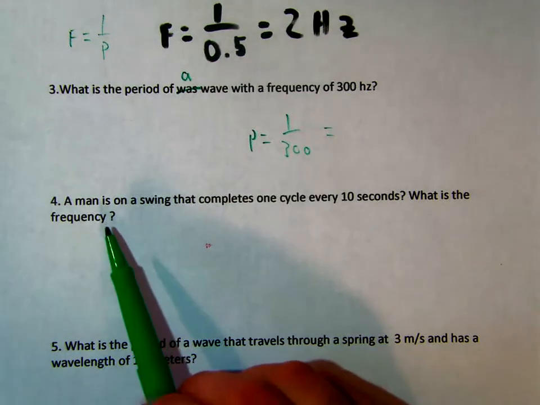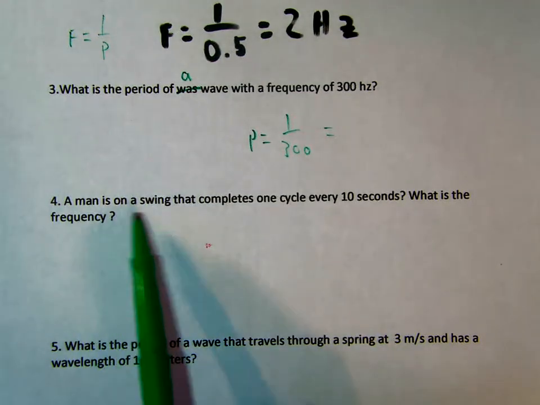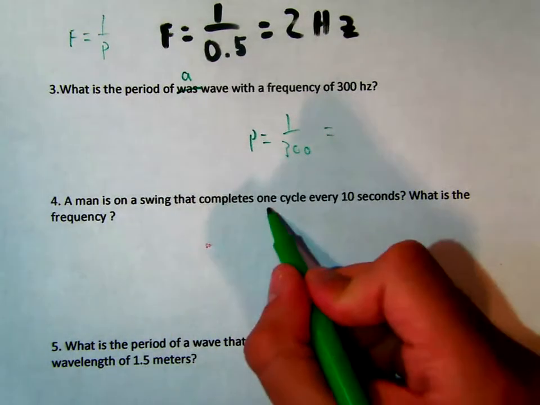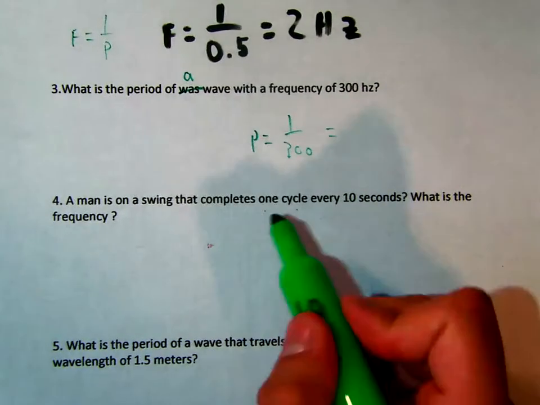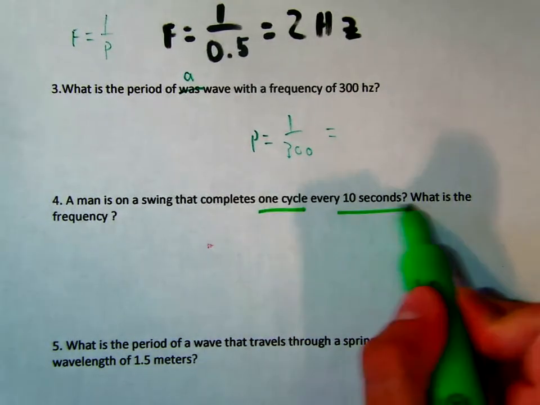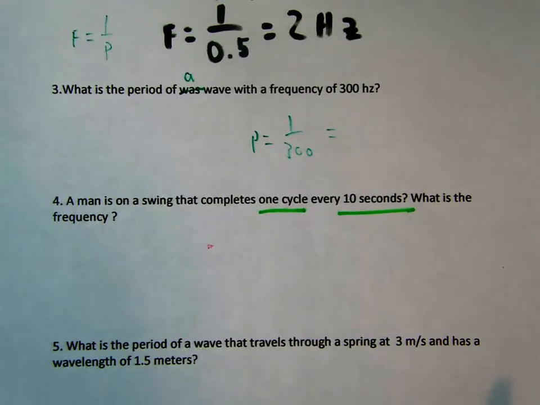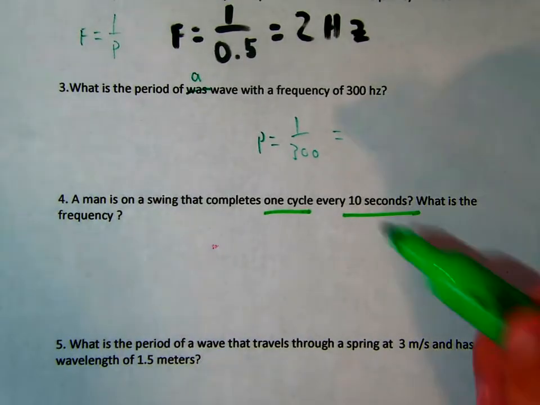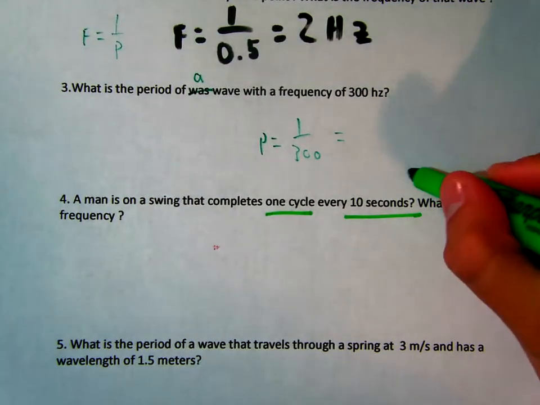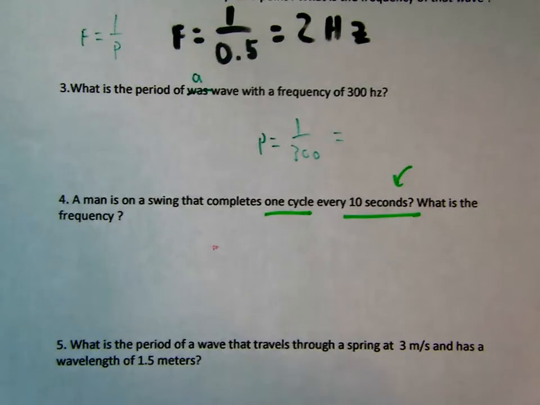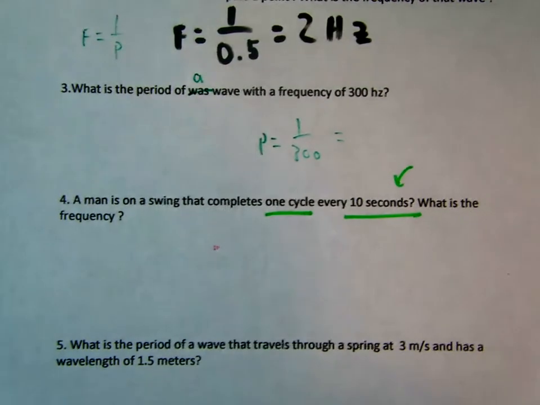So this problem says, a man is on a swing that completes 1 cycle every 10 seconds. Well, we have a couple of hints as to what this is. We're looking for the frequency, right? Well, the first hint is it's in seconds. If we're talking about waves, seconds has to do with period. So that's probably period.